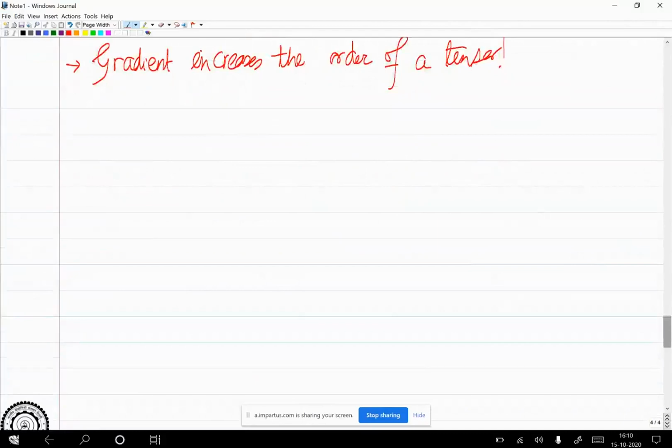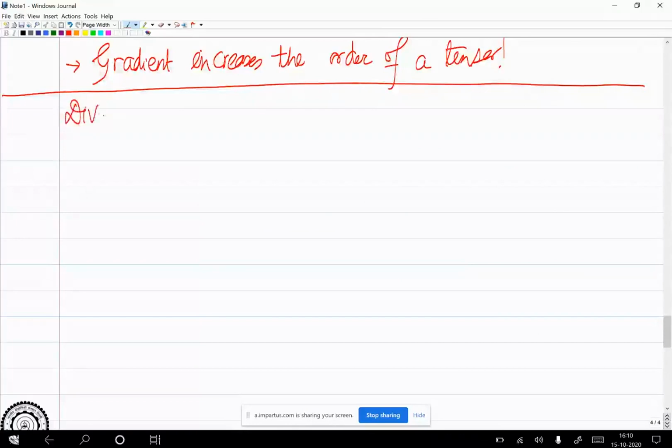No problem. All right. So if there is no problem, then we'll go to the second operator, which is called divergence. All of us have seen the divergence of a vector in our first year mathematics course.